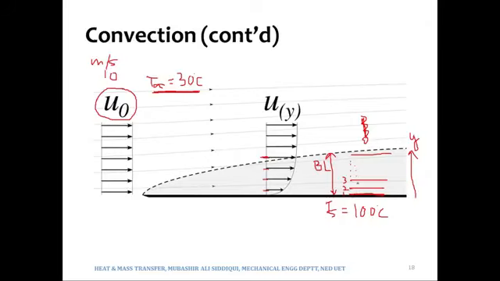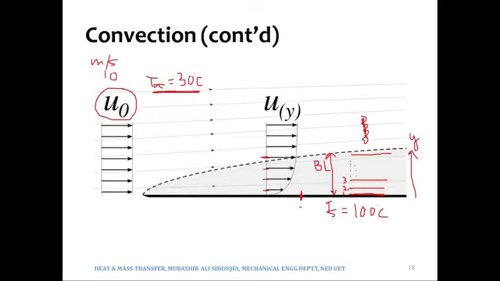Similarly, there would be a thermal boundary layer. The thermal boundary layer and the velocity boundary layer may overlap each other, or they may have different thicknesses. The velocity boundary layer may be thicker at any x. For example, over here, it may be thicker than the thermal boundary layer.